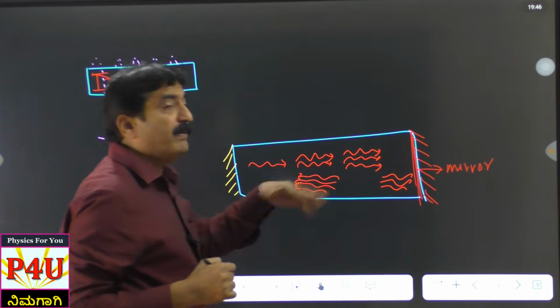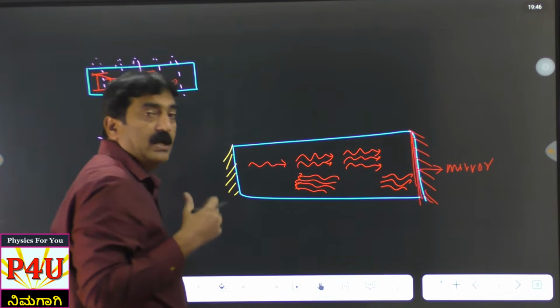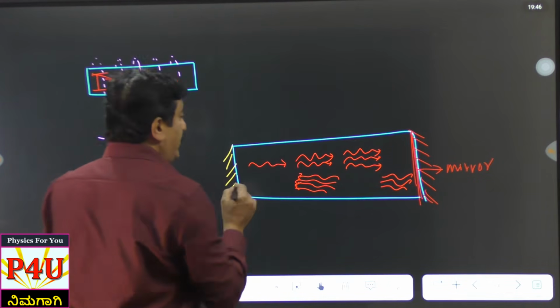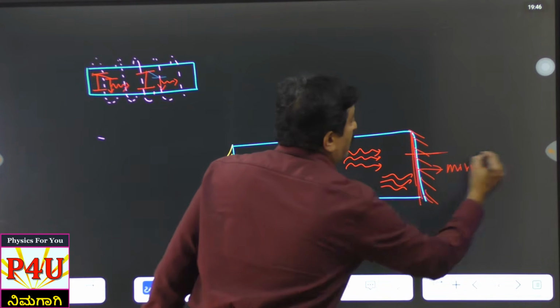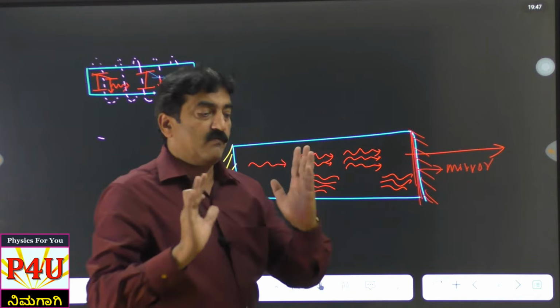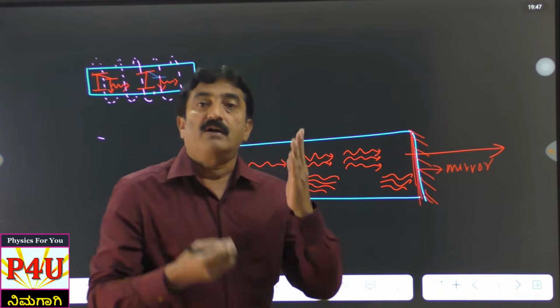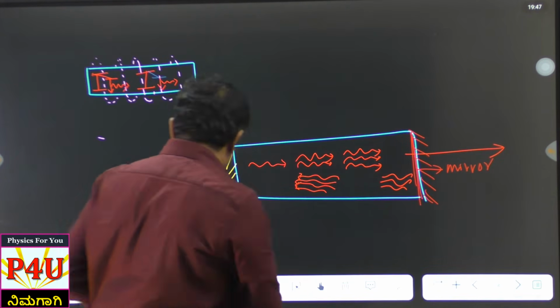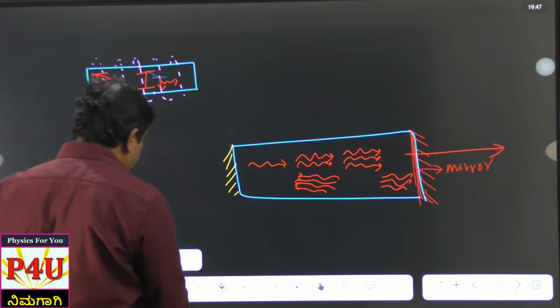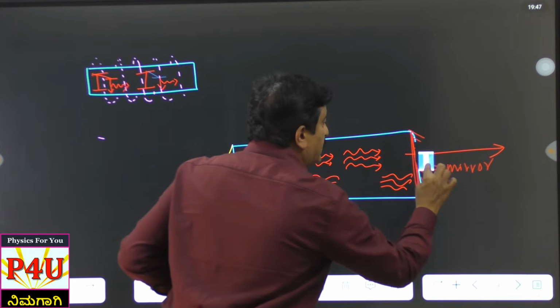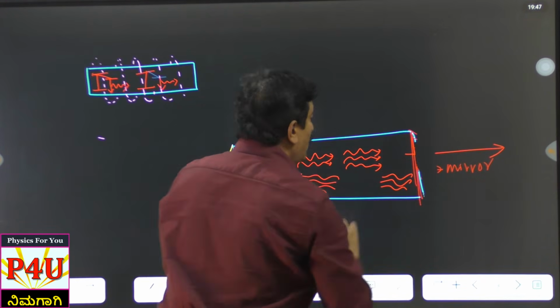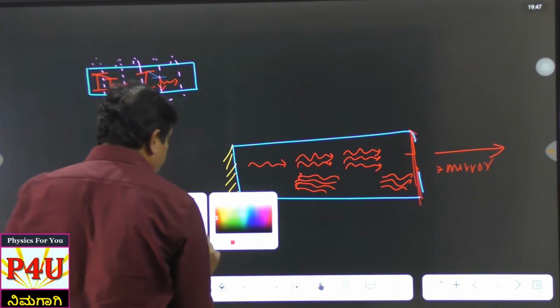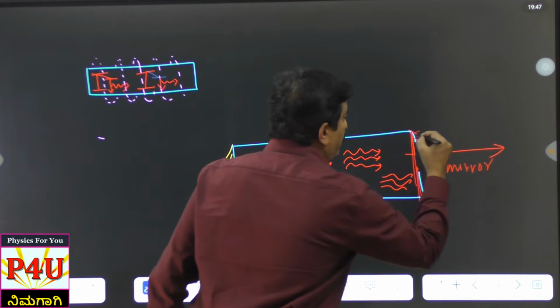Once the number increases to maximum extent, finally they will come out from one of the sides. For coming out from one of the sides, there must be a small opening here. That means this side should not be completely polished, it should not be completely silvered.